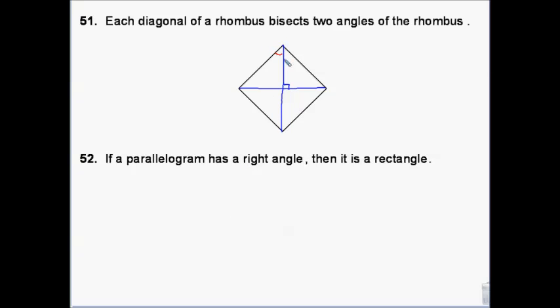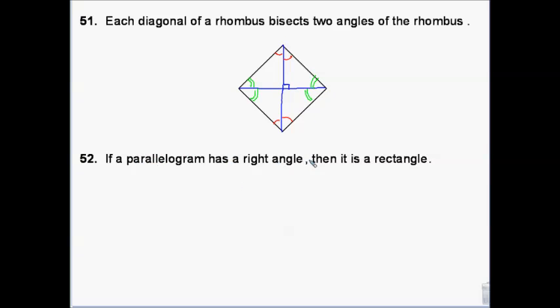So this angle gets cut in half, this angle gets cut in half, and this angle is cut in half, and this angle is cut in half. So the diagonals are perpendicular bisectors. No, sorry, I can't call them perpendicular bisectors. I'm lying. They bisect the angle, we don't have that yet.